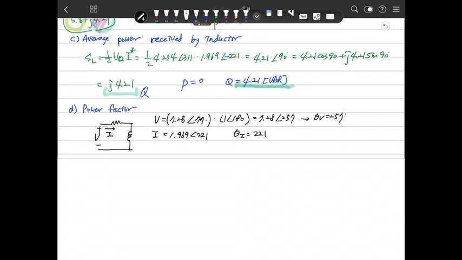So the power factor is cosine of theta V minus theta I, so cosine 257 minus 221 is 0.809. This is the power factor in this problem.